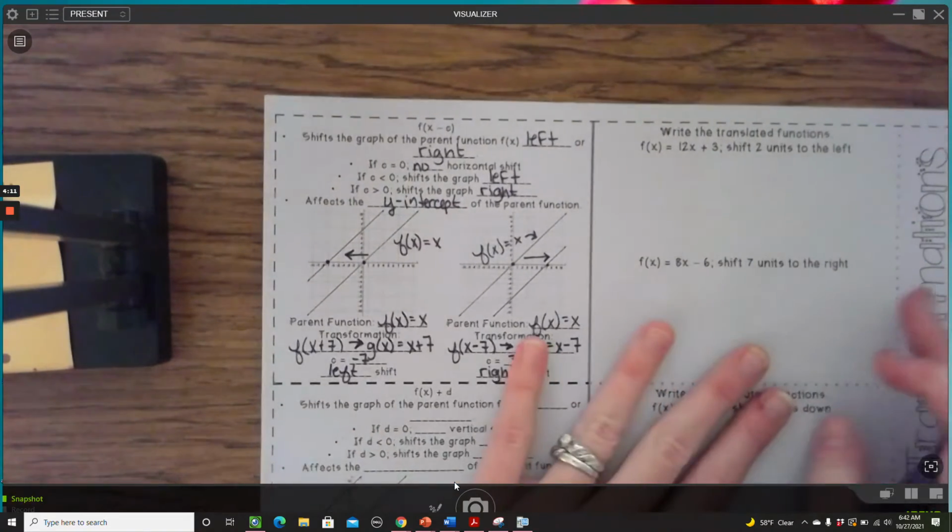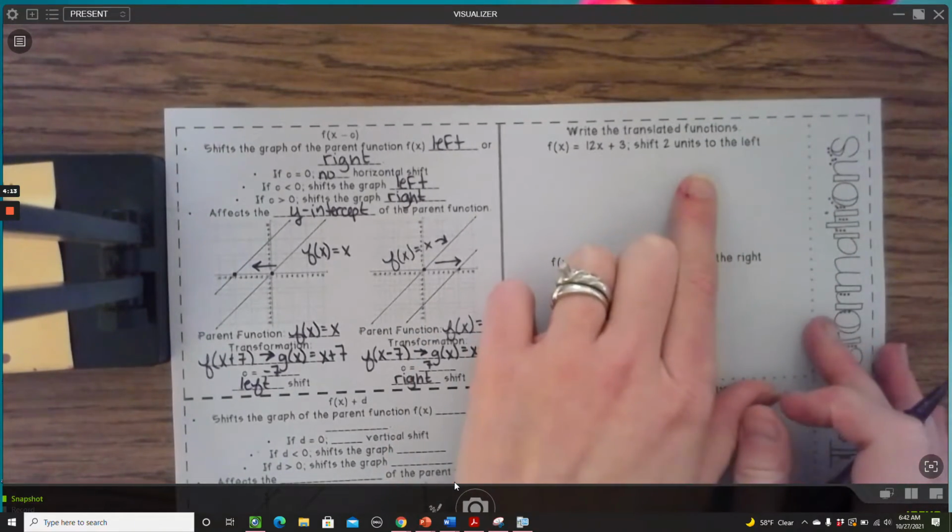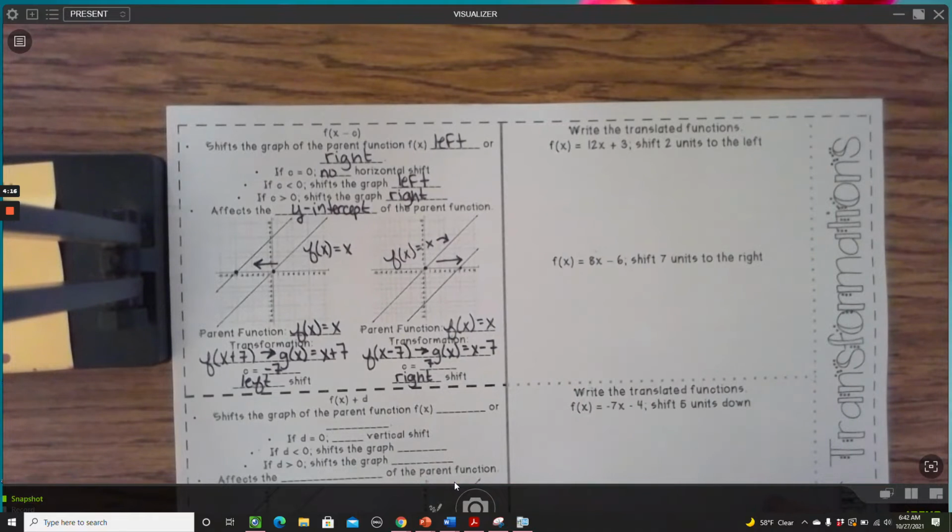Okay, so here we go. We're not starting with the parent functions. We are starting with other functions, and we are using these rules to translate them. It says write the translated functions. We're going to do f of x equals 12x plus 3, and that's going to shift 2 units to the left.